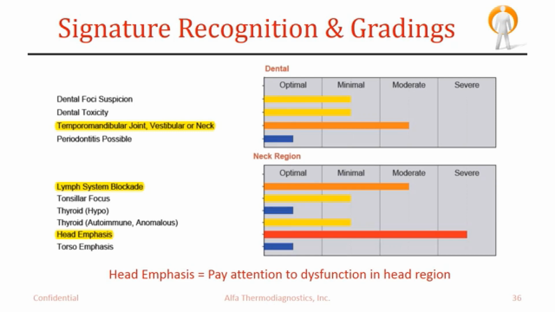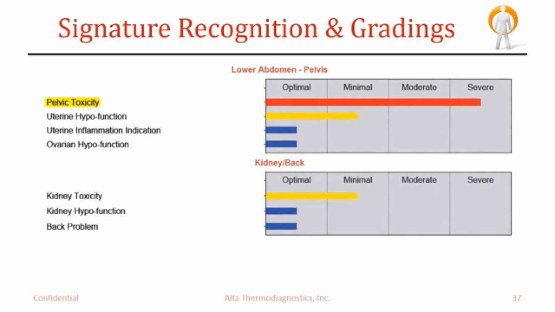Here we have that airborne allergy, but I think that's just coming off of the toxic response hyperregulation. And then here we have the pelvic toxicity. That is just a way to cross-correlate your suspicions.